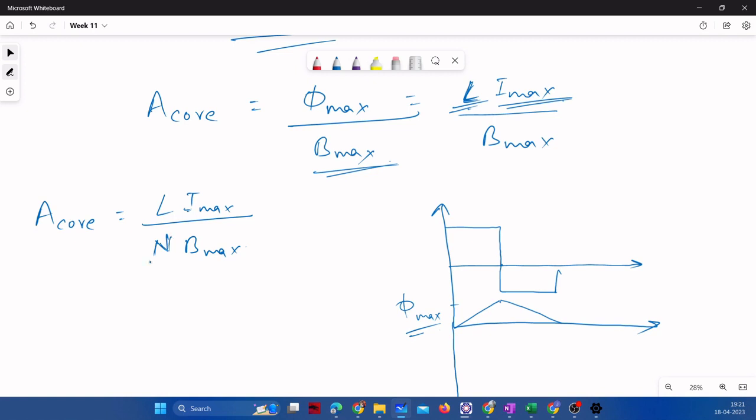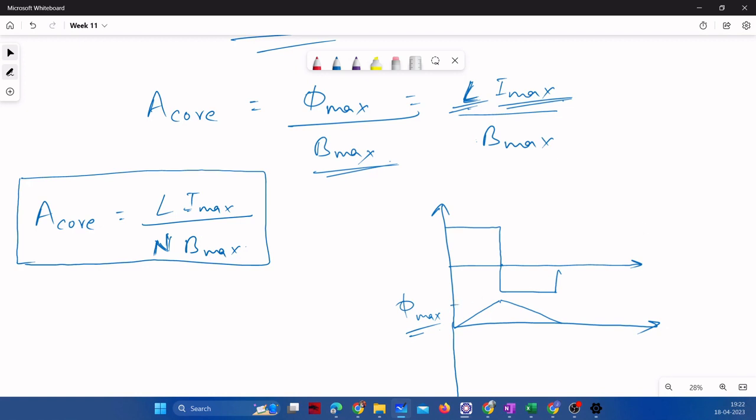Here also it is right as now. I just showed it for one turn. If one turn will be there, this will be the condition. If you have a number of turns, then you will have this kind of expression. And with this, area of core we have concluded, and area of window we have concluded.